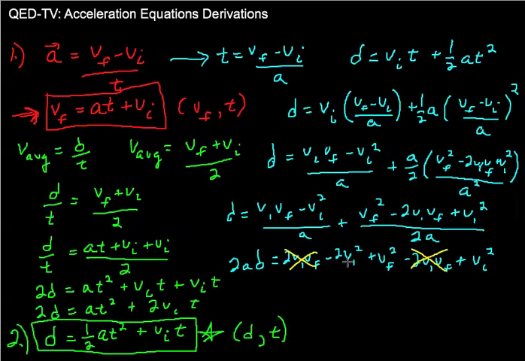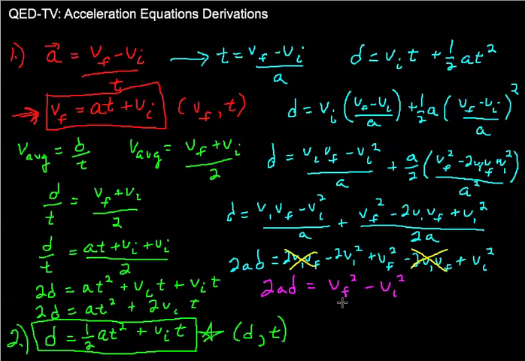Here I'm going to have a minus 2 Vi squared plus Vi squared, so that's going to be a minus Vi squared. So 2Ad equals Vf squared minus Vi squared. So this looks a little nicer.